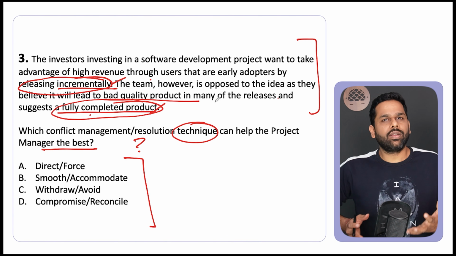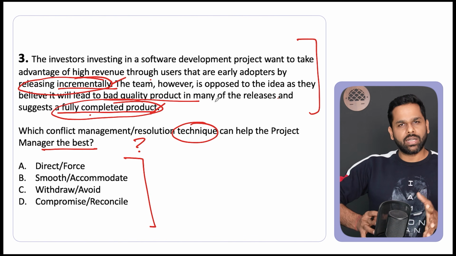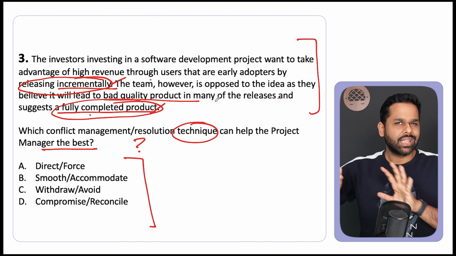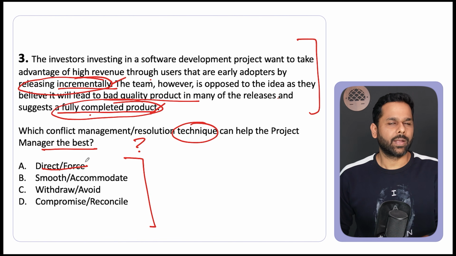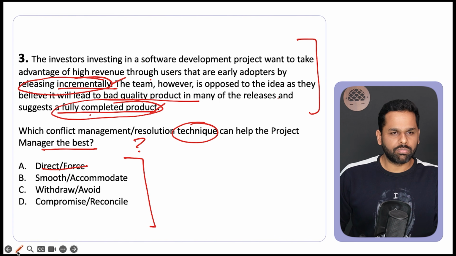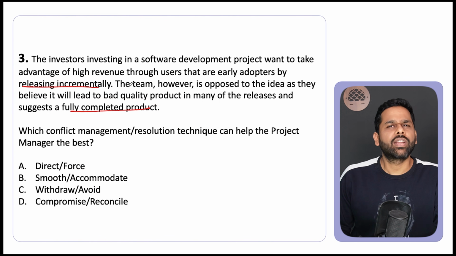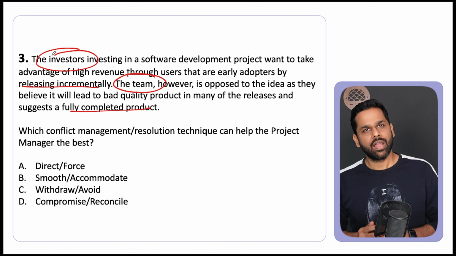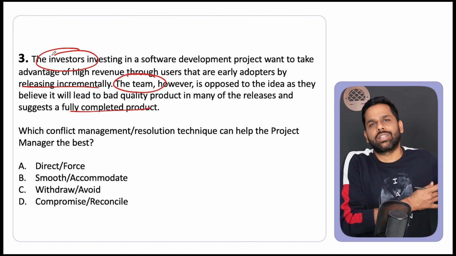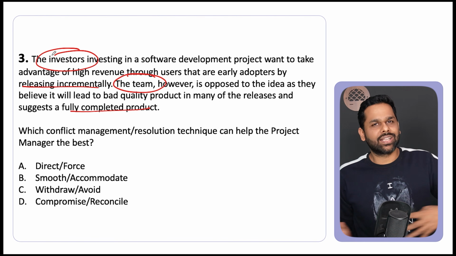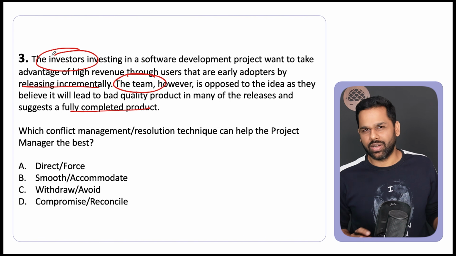And then if we realize that one option is better and it is beneficial for my project, then I would try to direct somebody. I would try to resolve a conflict where both the conflicting parties are happy, in this case team and investors, rather than forcing a decision. The investors are providing money in the project, so let us do everything they say? Not a good idea.